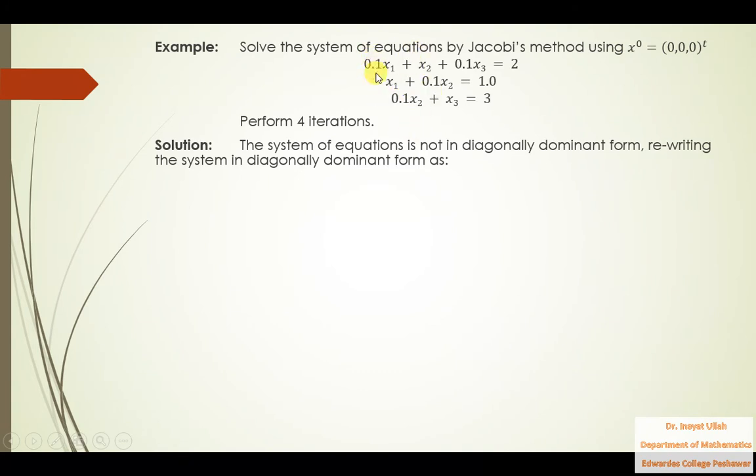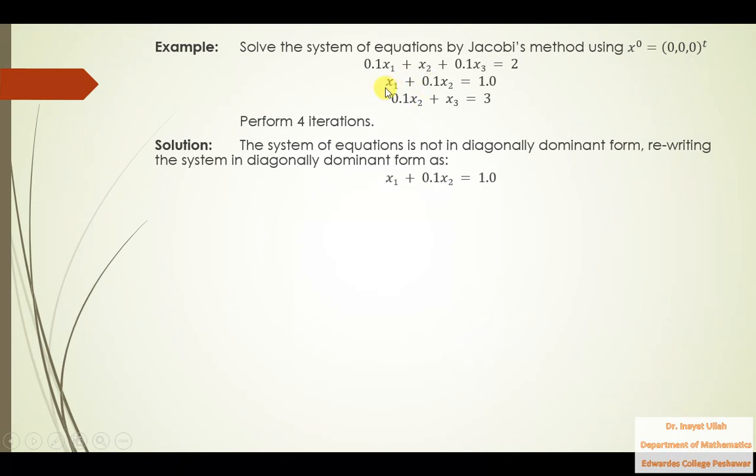The coefficient of the first equation's diagonal entry should be greater than the sum of the rest of the two coefficients, and the coefficient of x2 should be greater than the sum of the other two, and in the third equation the coefficient of x3 should be greater than the sum of the other two coefficients. But this system is not in that form, so we will rewrite the system.